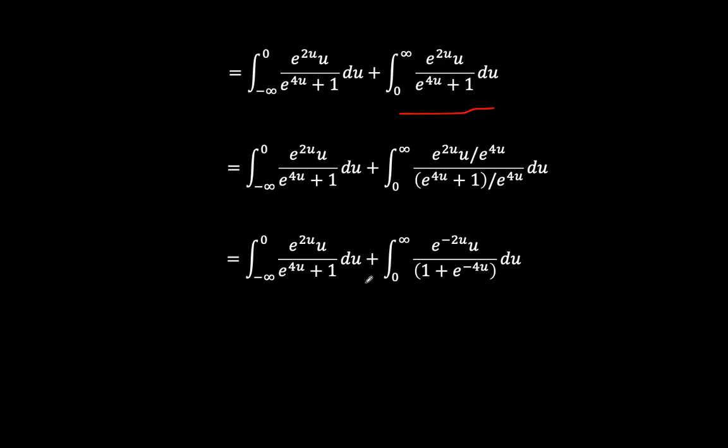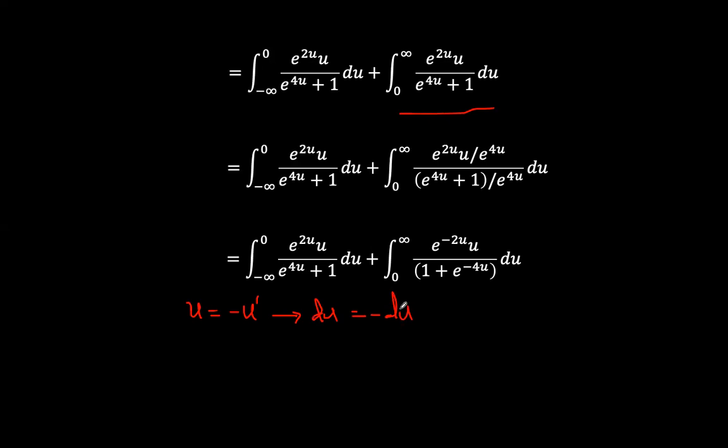And then now let's focus on the other side of things. If we let u equal negative u prime, then du prime is equal to negative du. And then this negative infinity becomes positive infinity.